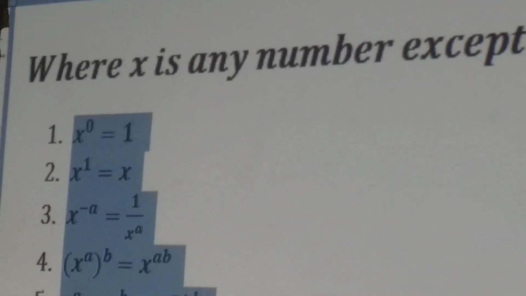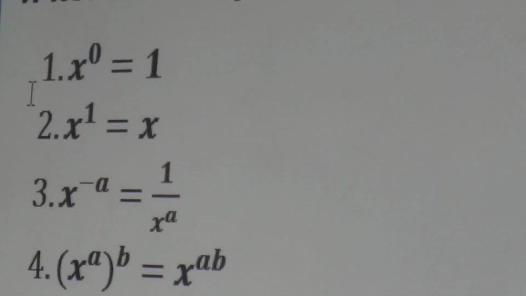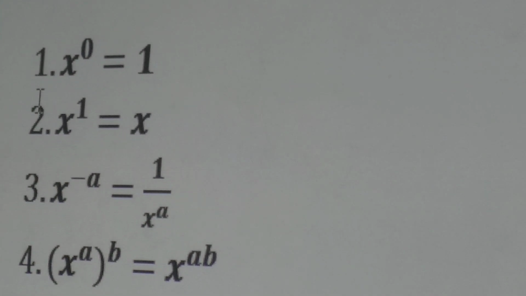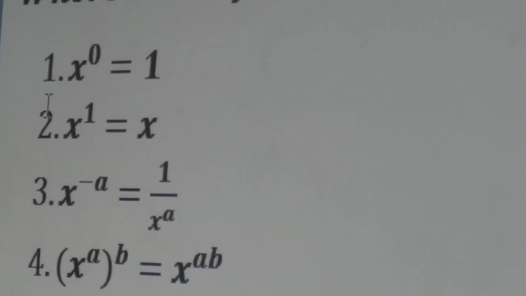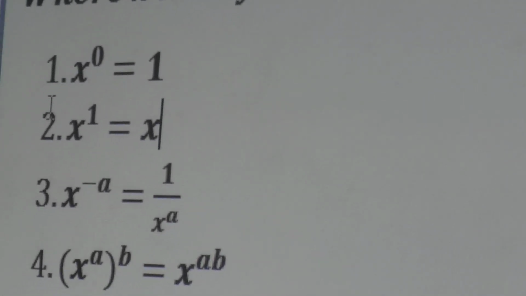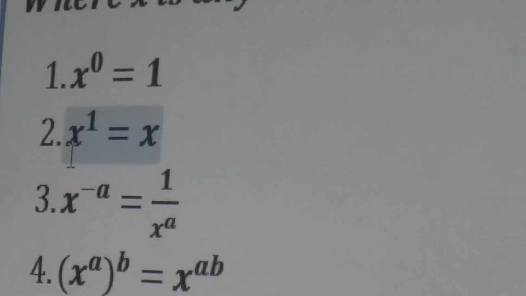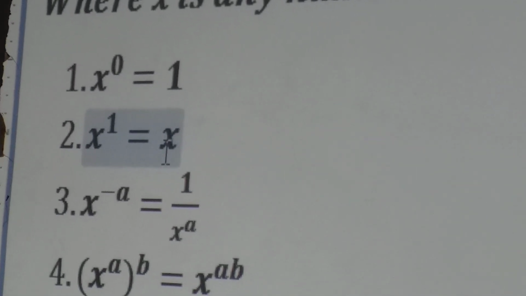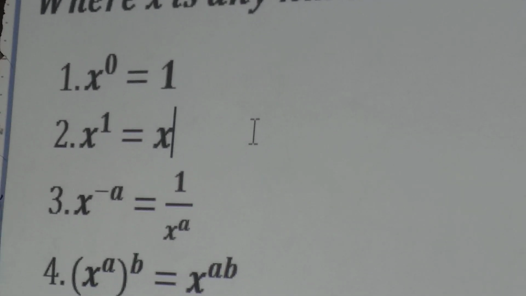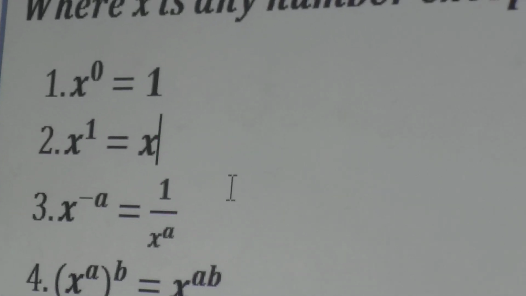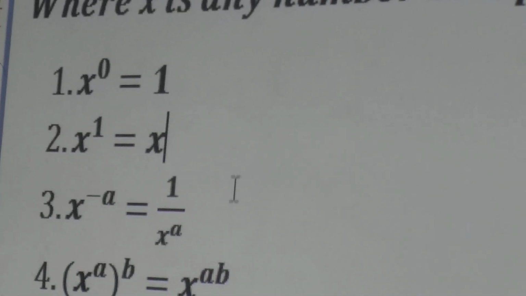These are the common laws of indices. Law number 1: x to the power 0 is equal to 1, meaning any number to the power 0 is equal to 1. Number 2: x to the power 1 is equal to x, meaning any number to the power 1 does not change, it remains as it is.